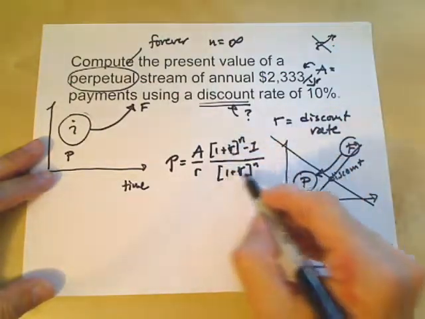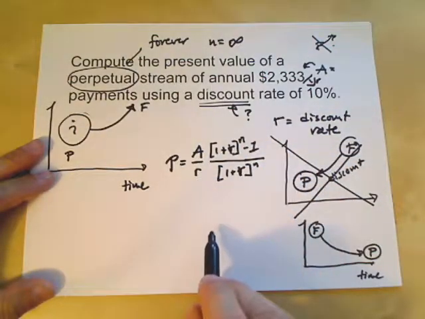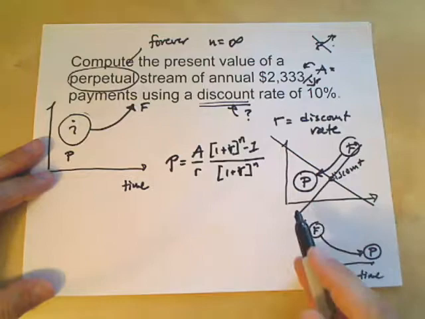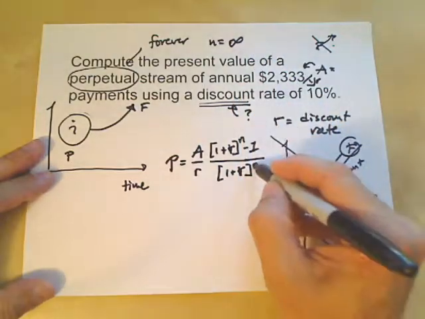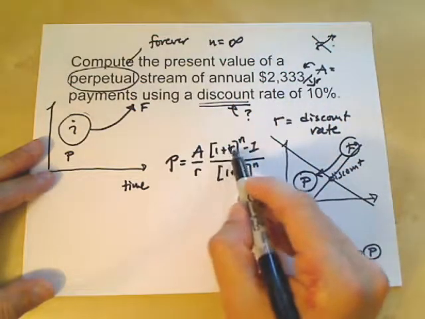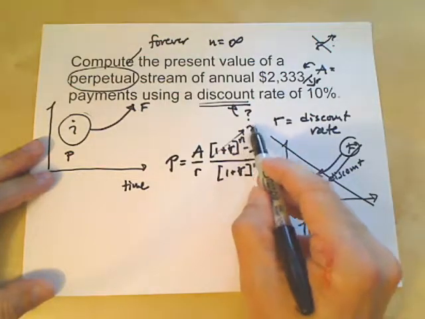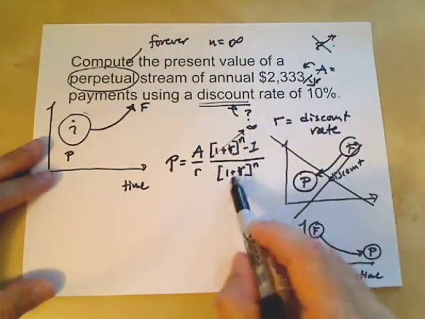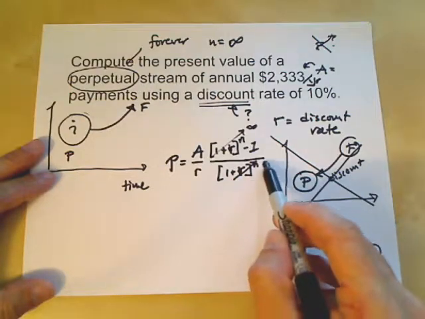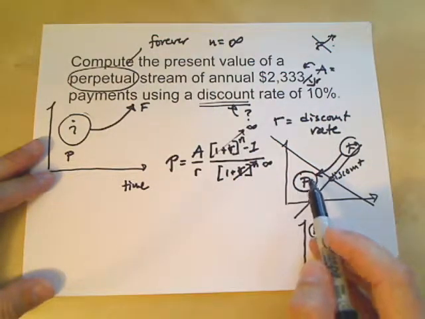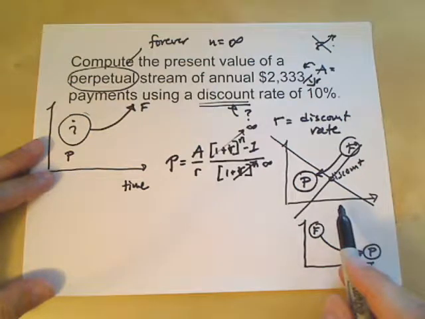So we have this fraction here, and we have A over R, but N is infinity. And this creates quite a problem of evaluation. (1 plus R)^N, when N is infinity, is going to be infinity. So we have an infinity over infinity problem.